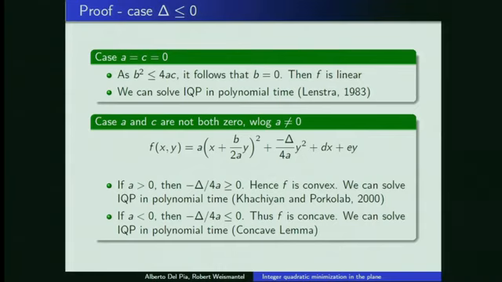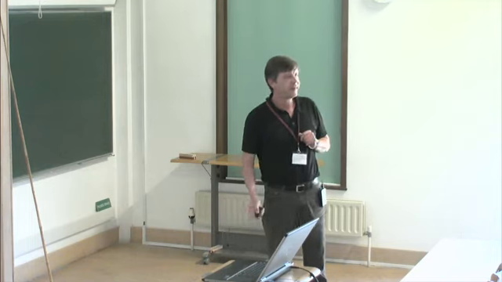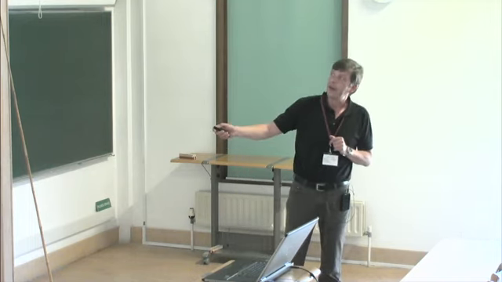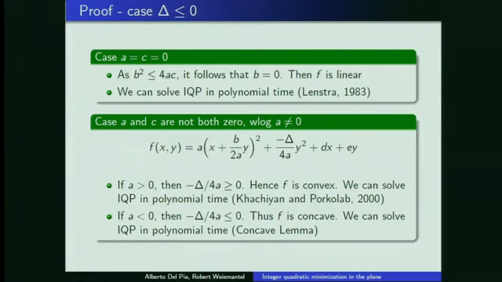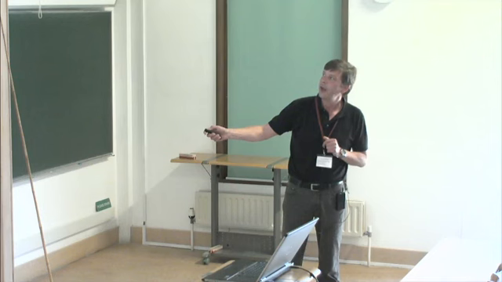This is completely clear. Now, in the general case, we can assume without loss of generality that a is different from 0, and so this allows me to rewrite this function like this. Here we have a in front as a coefficient, we have a squared term, we have y squared with this expression, and we have these linear forms here.